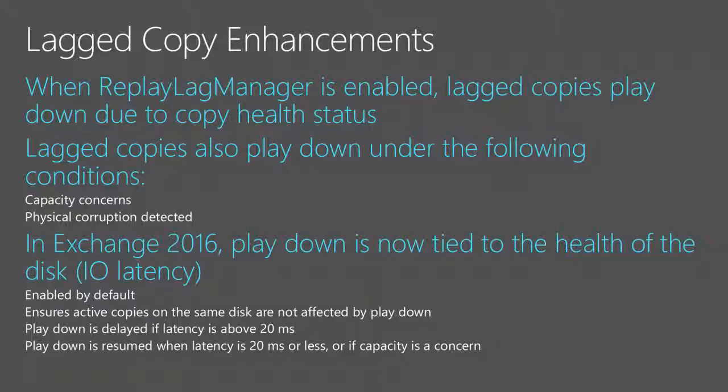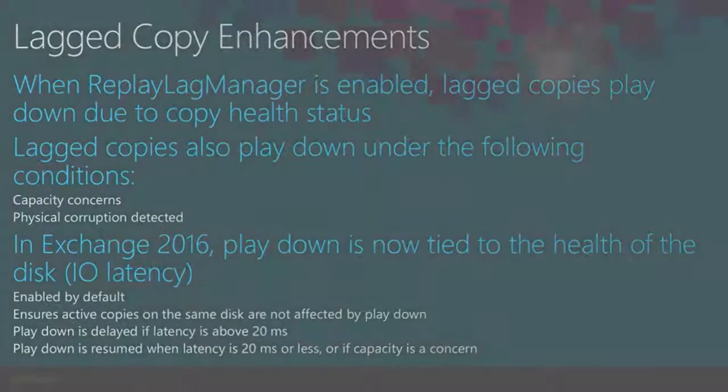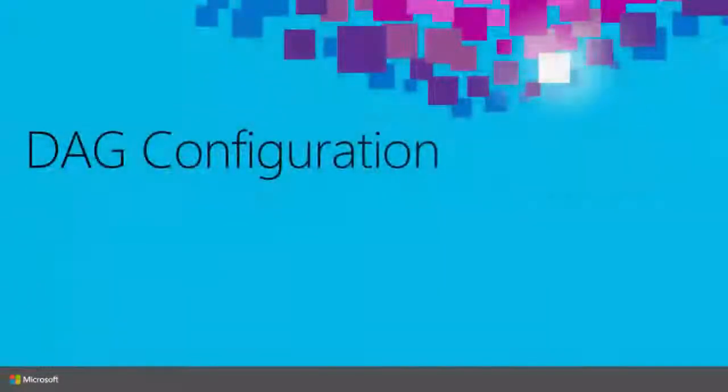And if we see disk latency go beyond 20 milliseconds, we'll delay the log playdown. And presumably that's due to user activity. Once we see that the disk latency is below the 20 millisecond threshold, we'll start the log playdown again and keep things going. The only time that we won't delay is if there are some sort of capacity concerns where something is about to run out of disk space, and then we'll start playing logs forward so they can be truncated. All right. So now let's talk a little bit about best practices.